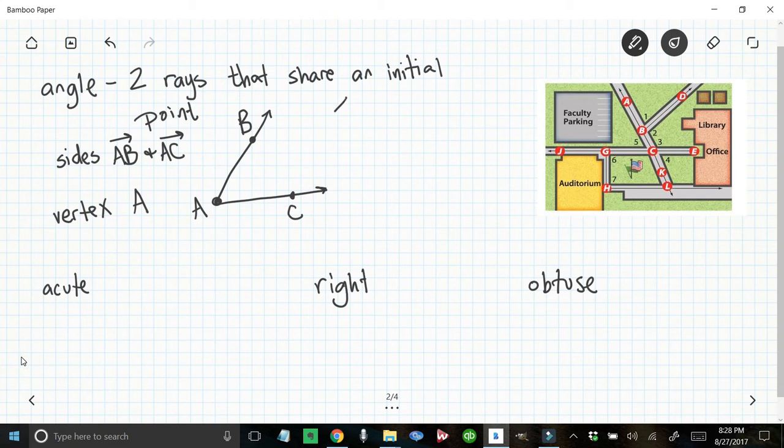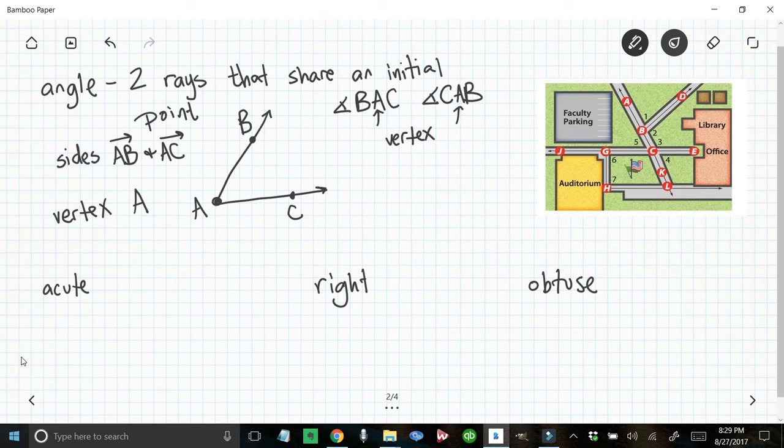So I'm going to draw an angle out front, and I could name this angle BAC. I could name this angle CAB. And it wouldn't matter which direction I went, but that vertex does have to be that middle letter, either way that I name it.